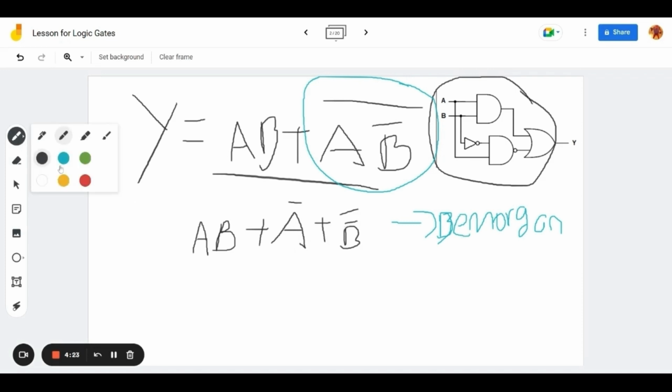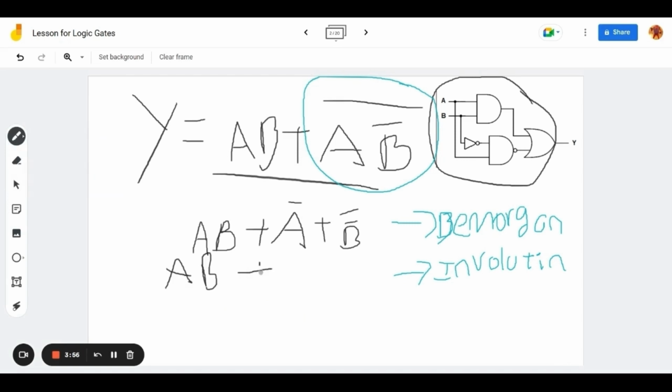Now we use our brain and figure out what law we can use next. The next law that comes to our mind is the involution law. After the De Morgan's theorem, we were able to simplify the equation and use other laws. So b'' just becomes b, because remember the involution law.